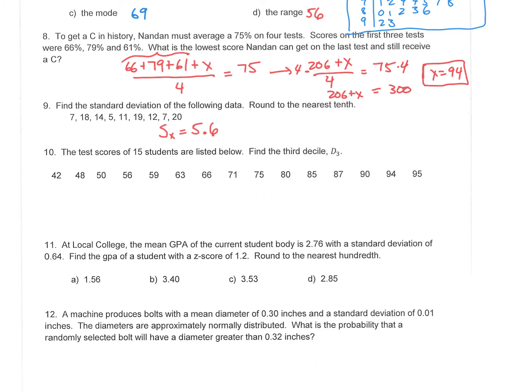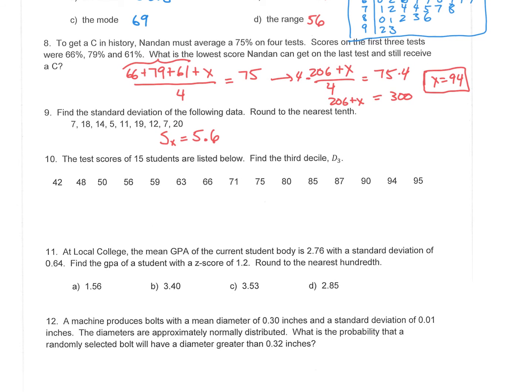Next question: the test scores of 15 students are shown below. Find the third decile. The third decile is equal to the 30th percentile. So we're looking for 30% of the 15 scores. 0.3 multiplied by 15 is equal to 4.5.